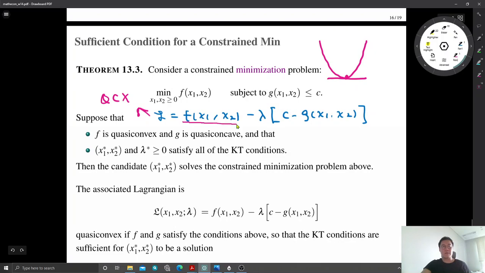If the objective function is quasi-convex, and we have a minus sign in front of g, c minus g, lambda g of x1 and x2, sorry, this is a typo. It should be quasi-convex as well.